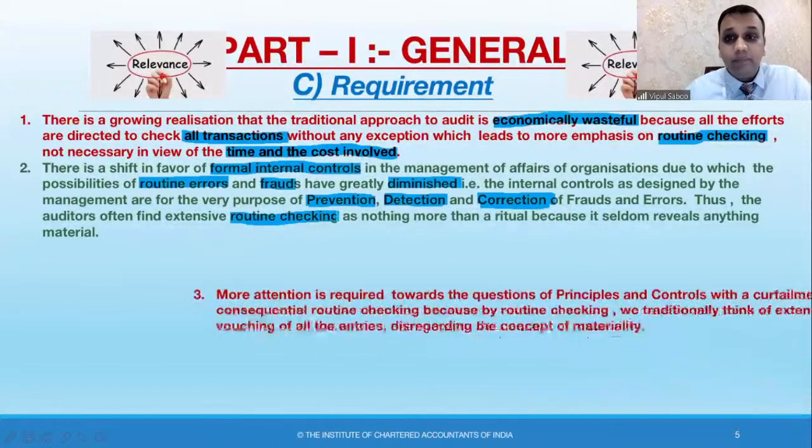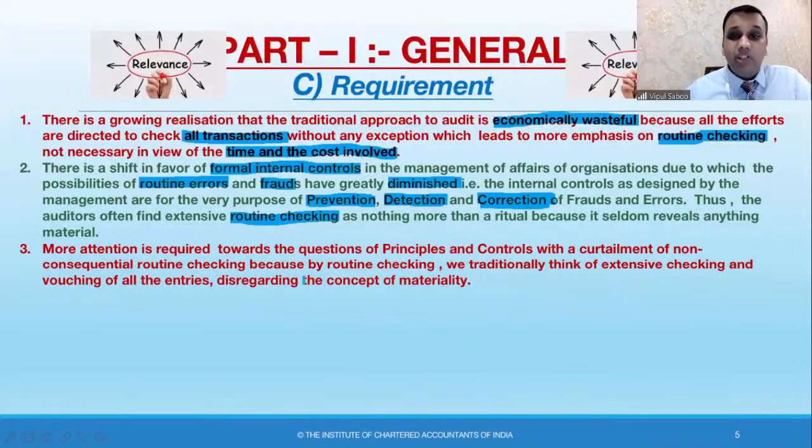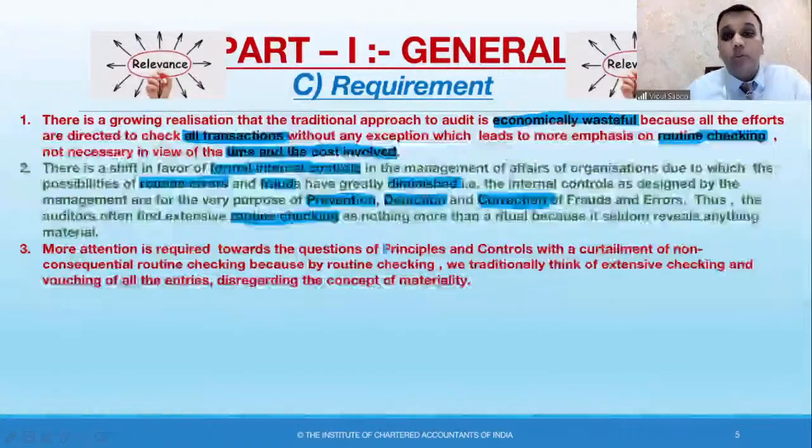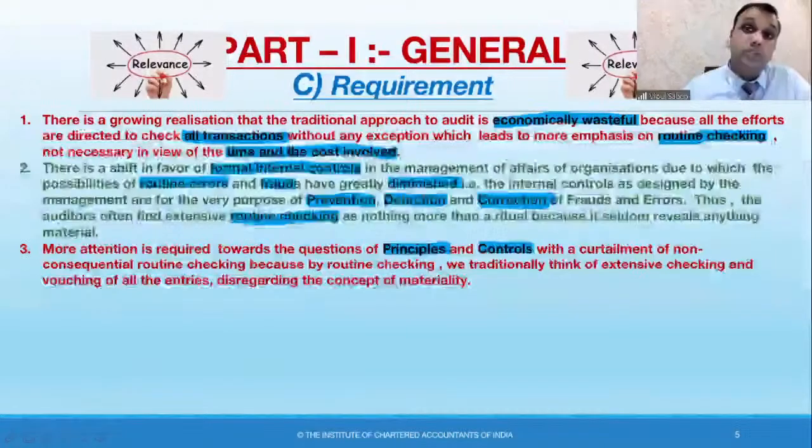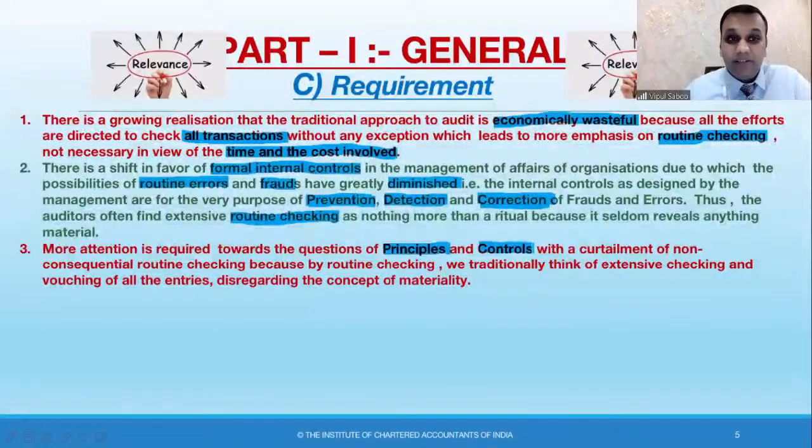Further, more attention is required to the question of principles, that is, the working in the organization and the controls of the organization. We need to curtail the conventional, non-consequential routine checking.